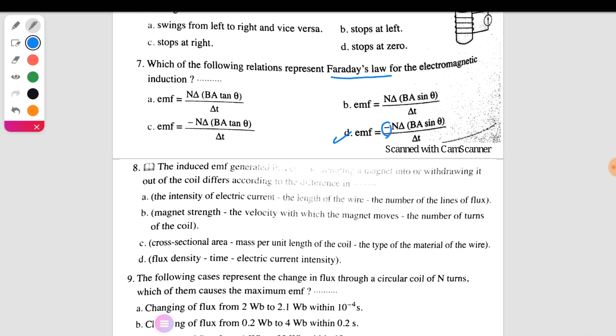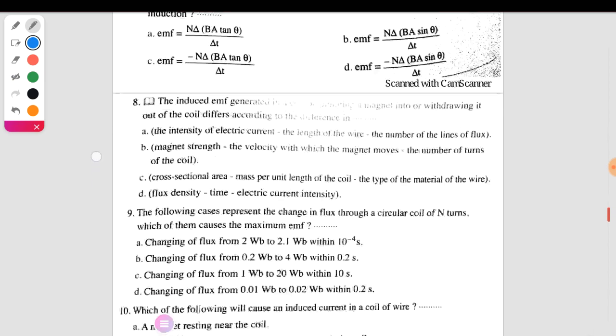B: the magnetic flux, the magnetic strength and the velocity with which the magnet moves, and the number of turns. C: cross-sectional area, mass per unit length of the coil, the type of the wire. D: density, flux density, time, electric current. The answer is B.